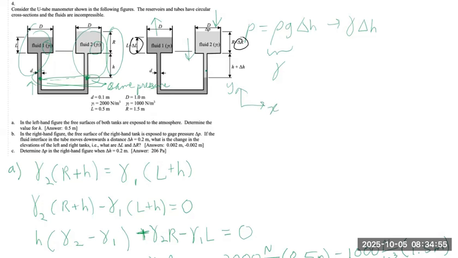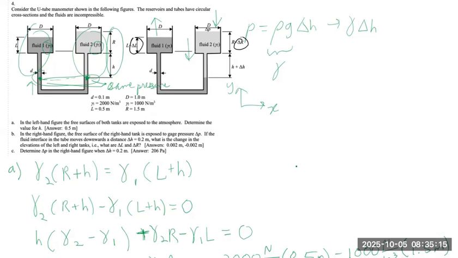Moving downwards means that the final position is lower than the initial position. So that is why the change is going to be negative. And all of this is in terms of delta H.